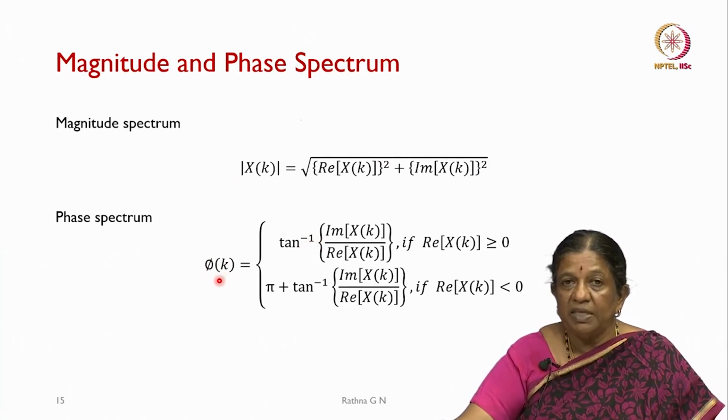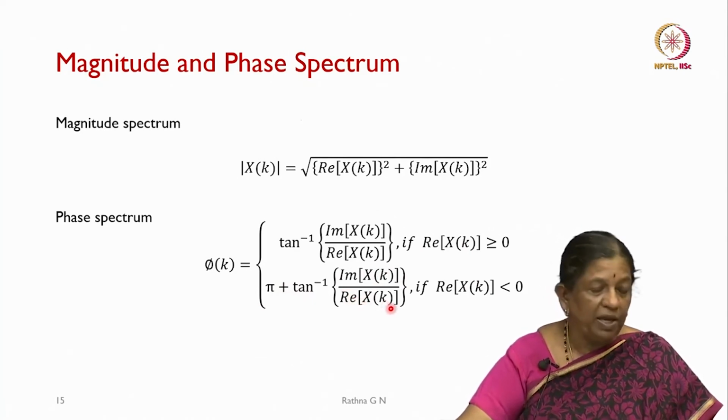So, phi of k is equal to tan inverse of imaginary part of x of k over real part of x of k, if your real part of x of k is greater than or equal to 0. If it is less than 0, then it will be pi plus tan inverse of imaginary part of x of k divided by real part of x of k.